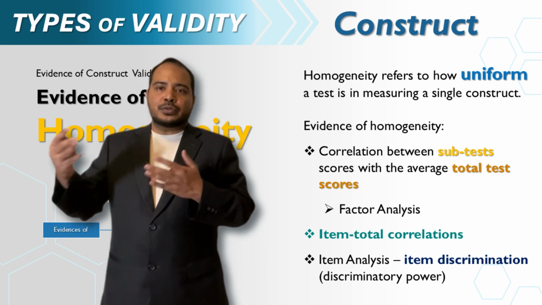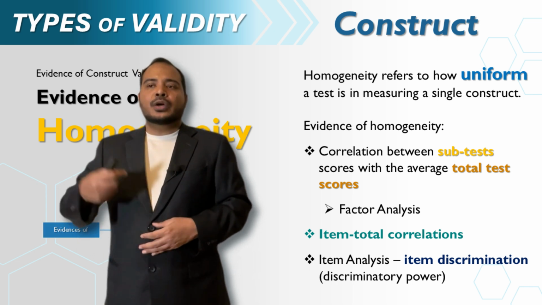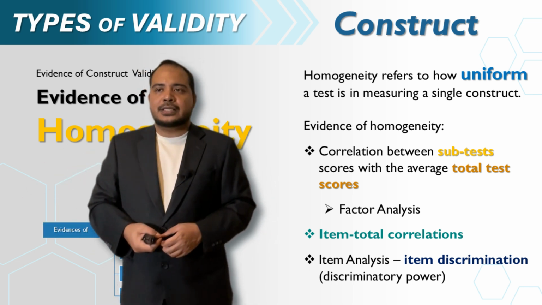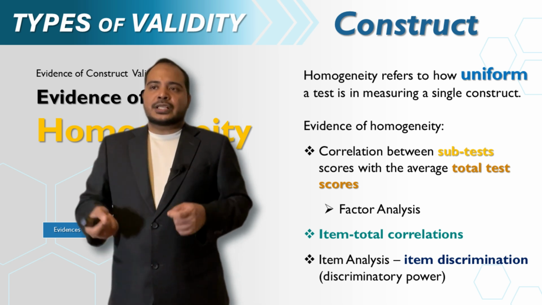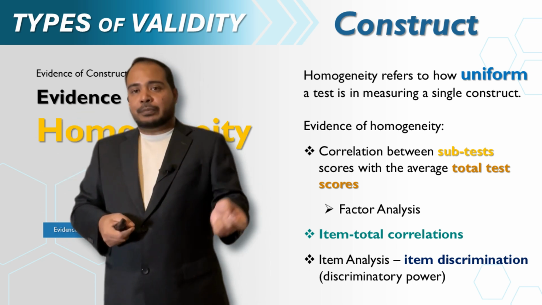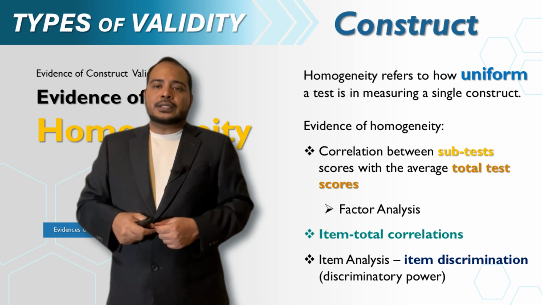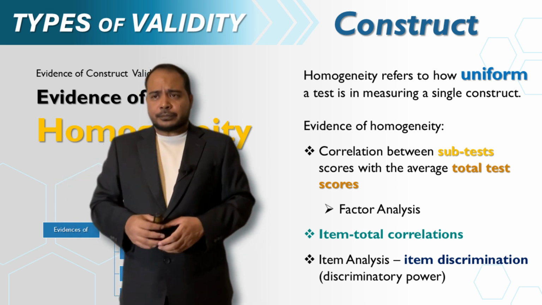Besides using these manual correlations, we can also use factor analysis to find indications of correlations between subtests as well as the average total test score.